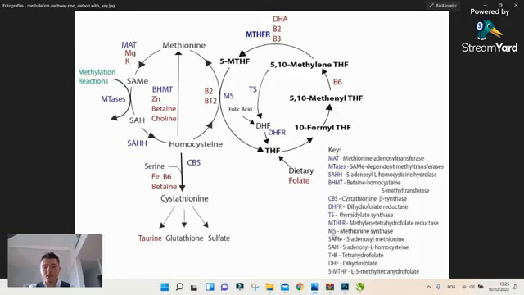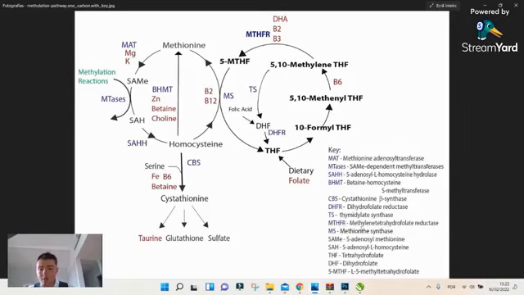So all these blue ones down here, you can also see these are enzymes, because if you look at the names, they all end in A's. Let's try and say an easier one: cystathionine beta synthase, dihydrofolate reductase. If it's got A's at the end, it's an enzyme. So these are all enzyme pathways that we have in our liver.